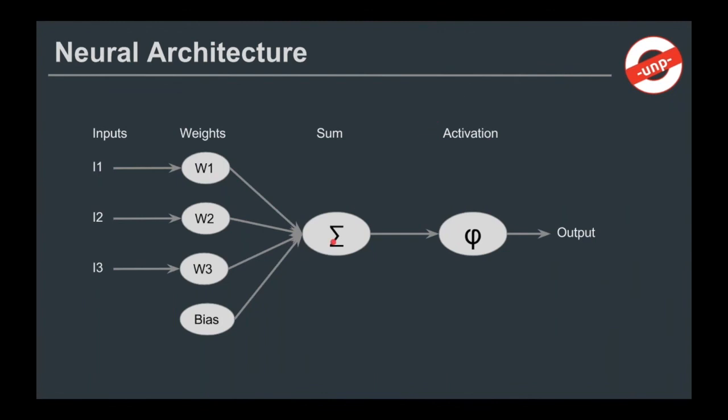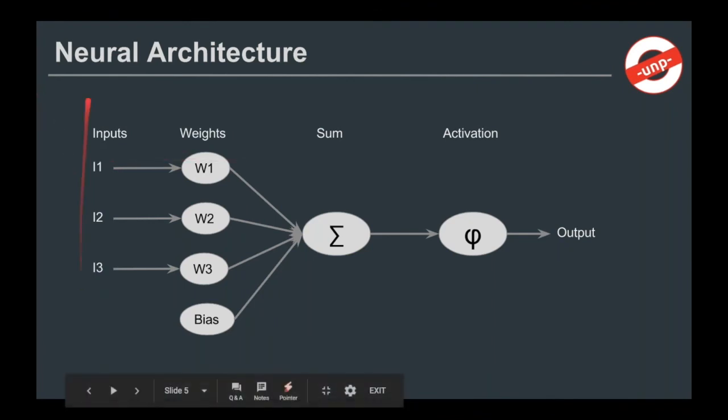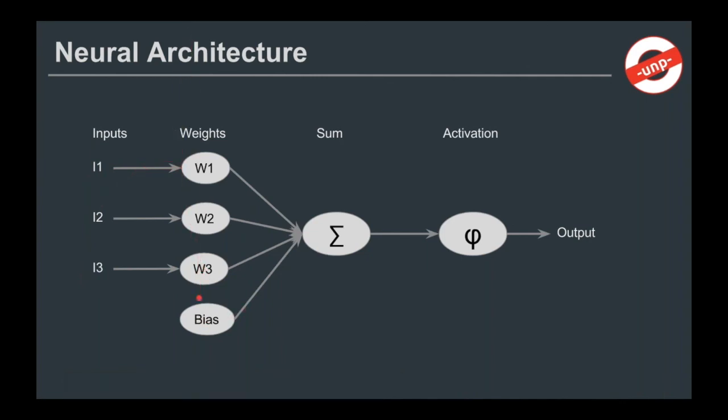So I see that again, this I1, I2, I3, they are basically tensors. W1, W2, W3, the bias, these are all tensors. And then some operations are happening on tensors. Either they're getting multiplied, or they are getting added, or they are put through some activation function.